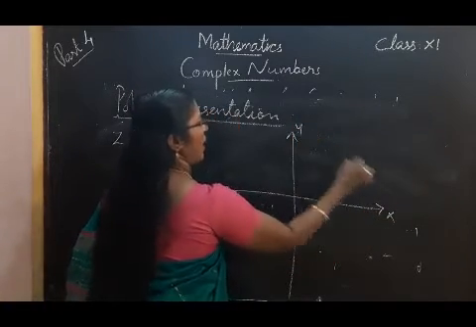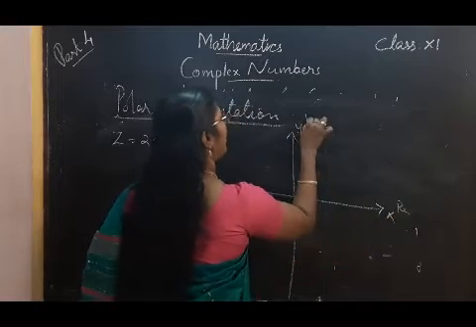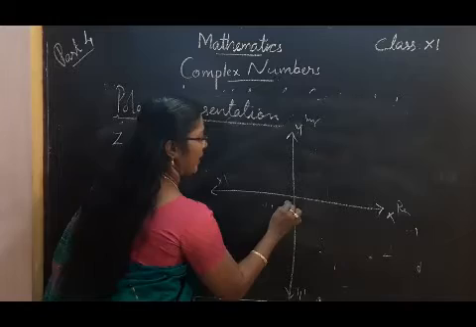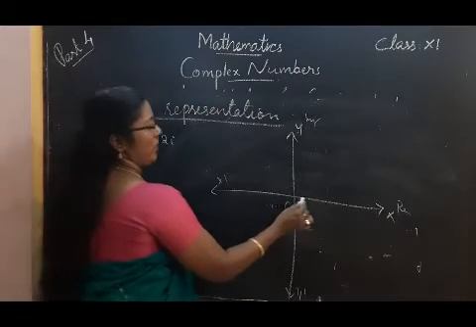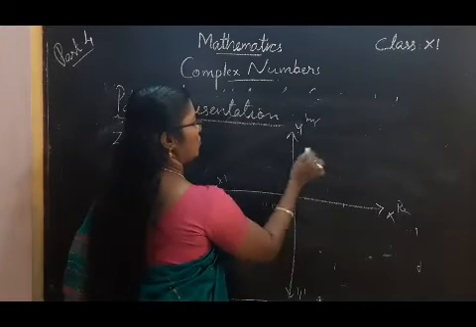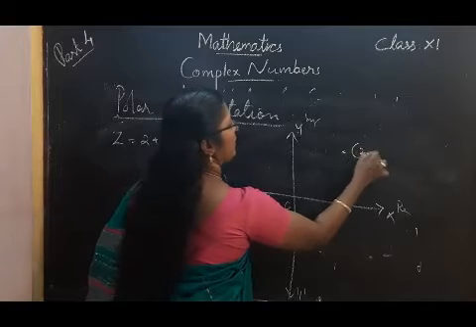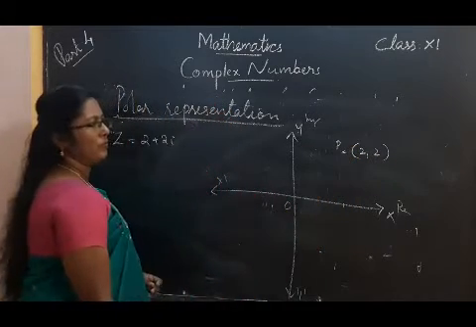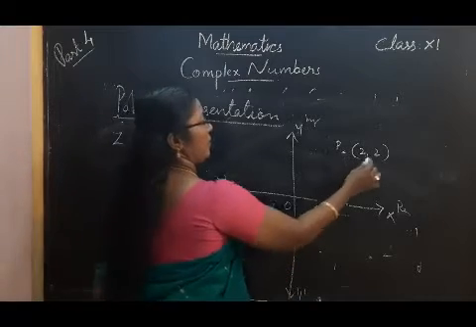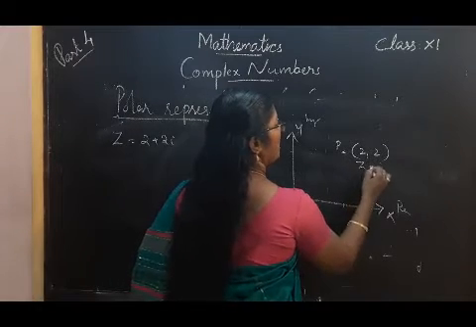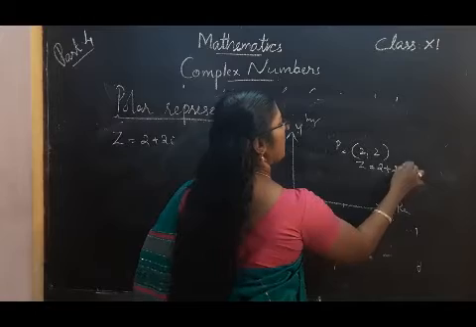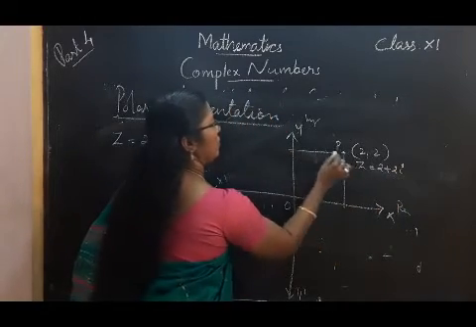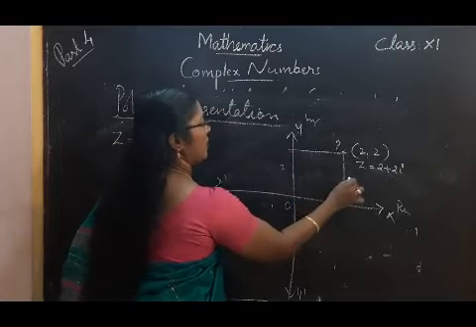Draw the x axis and y axis, the real axis and imaginary axis, x dash, y dash, and the origin. When we plot this point, it is 2, 2. In complex form, Z equal to 2 plus 2i, both are 2.